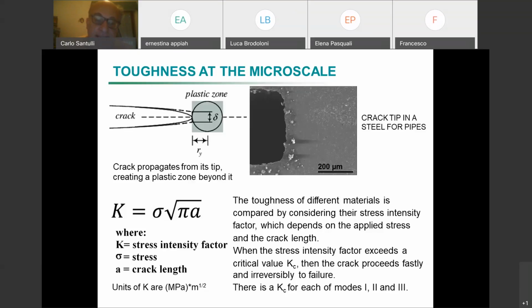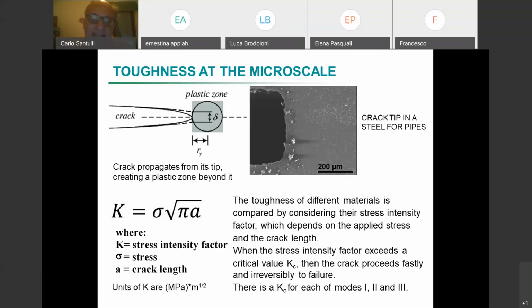Okay, K can take whatever value, but we are interested in Kc. Kc is the critical value of the stress intensity factor after which the crack progresses irreversibly and therefore leads to failure, leads to brittle failure, I would say, in a very short time.